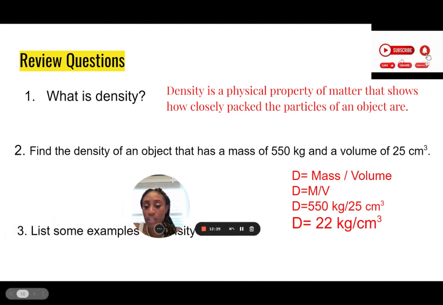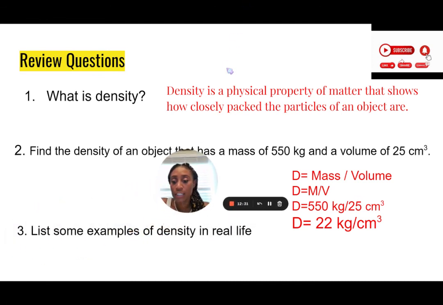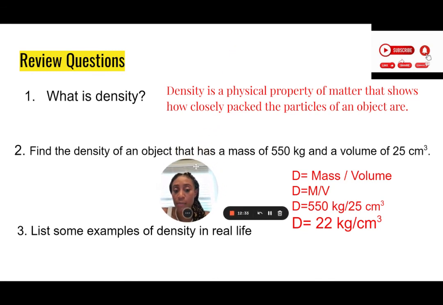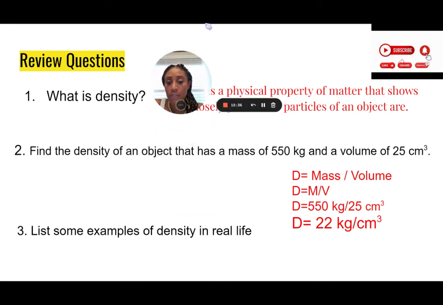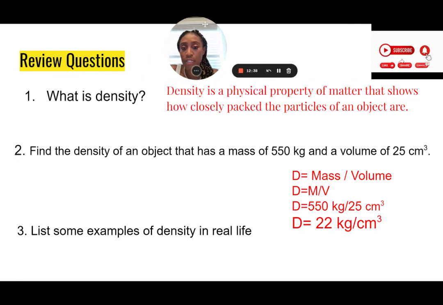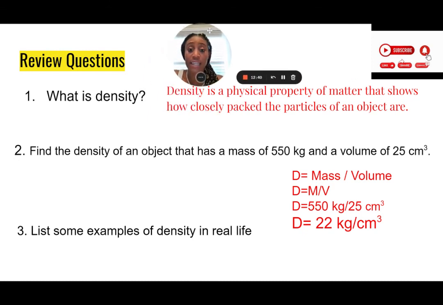And the last question that we will review here is basically to give some real life examples as it relates to density, right? And that's very easy. We just talked about it. So we know that in the hospitals, they use it when they're trying to find out the density of the blood, of the components that are in blood.